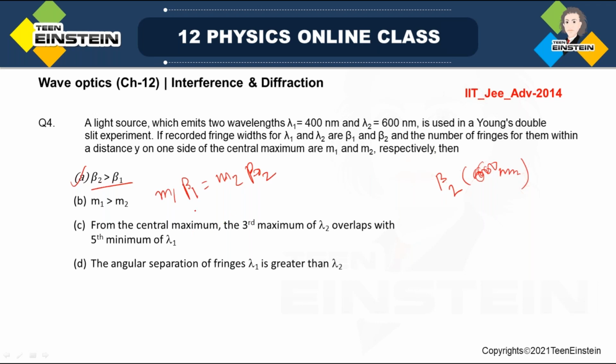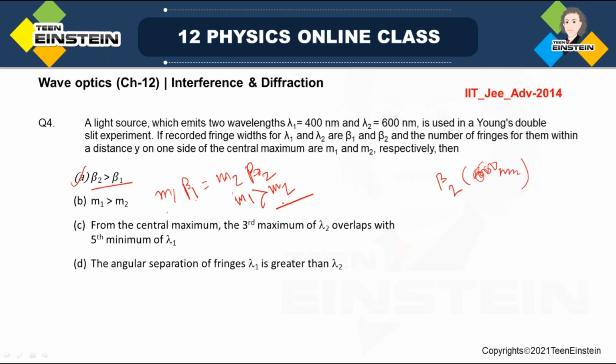We know this. Since beta 1 is less than beta 2, M1 will be greater than M2.